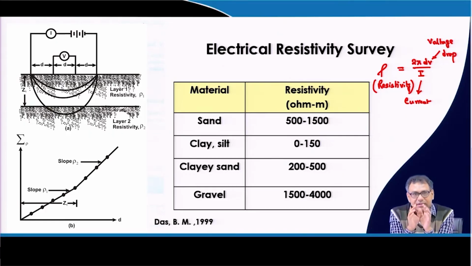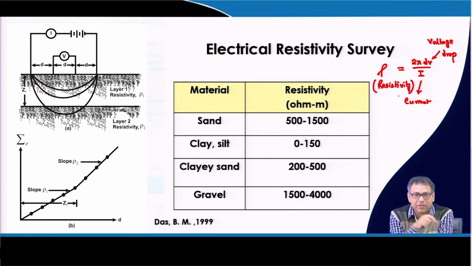These distances are generally equal, so that means these electrodes are equally spaced, and this distance is d. So, for the homogeneous case, we pass the current, and then we measure the voltage drop, and then by using this equation we will get the resistivity of the soil. And by using this chart I can identify which type of soil it is.